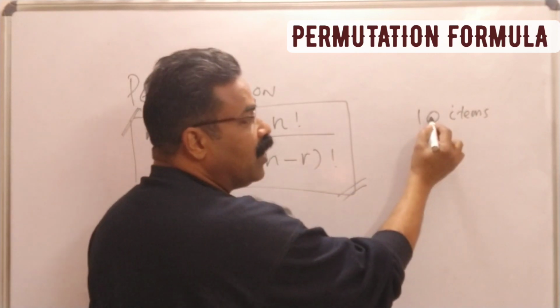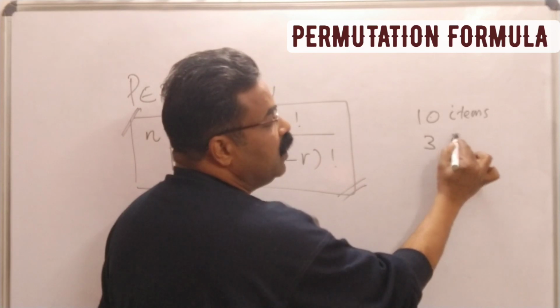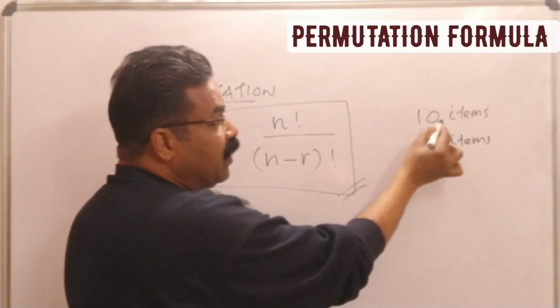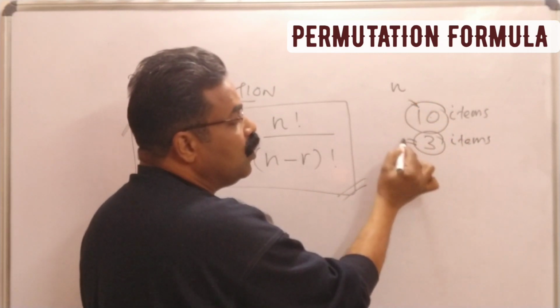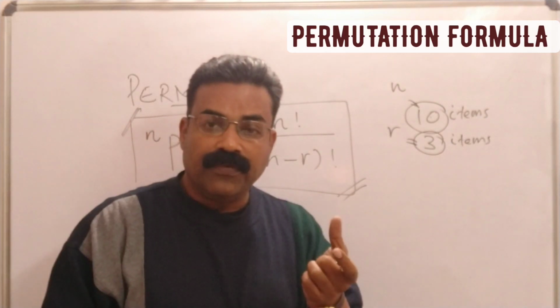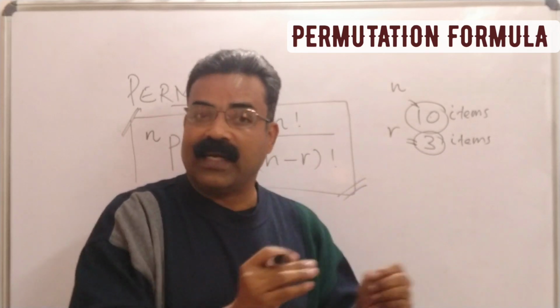So total we have 10 items, and we are taking 3 items at a time. So here this 10 will be equal to n, and this 3 will be equal to r. That is nPr, permutation of 3 taken at a time out of total 10 items.